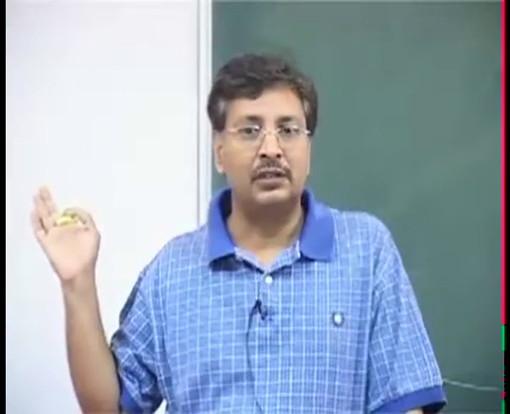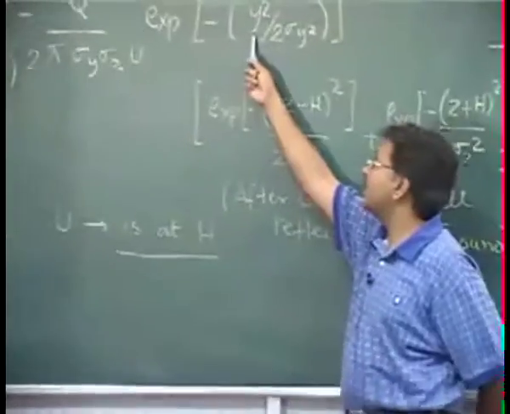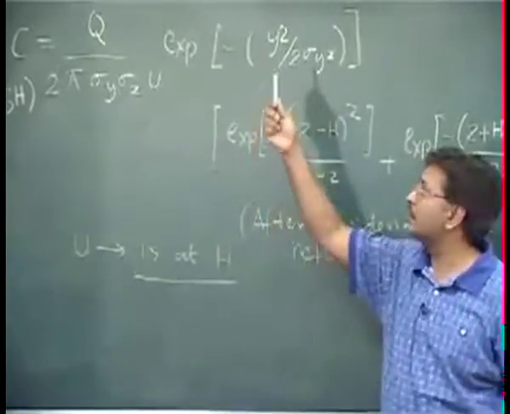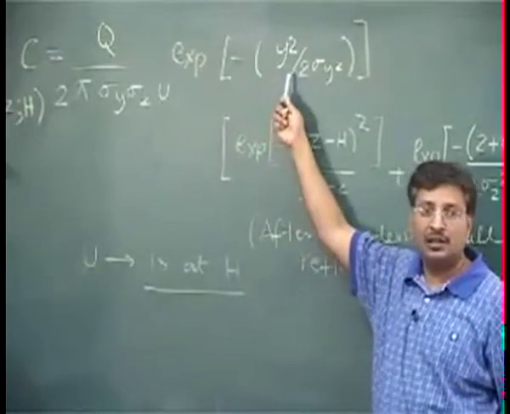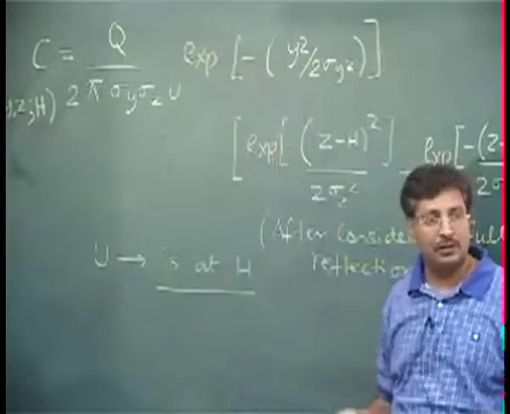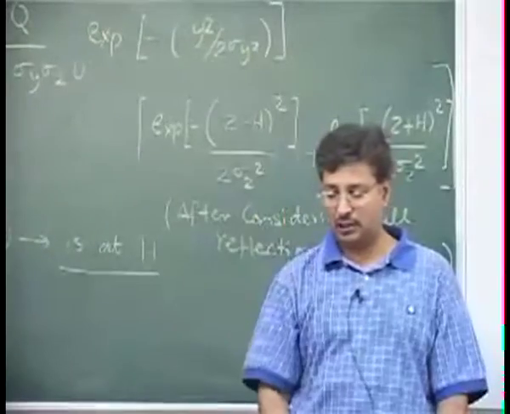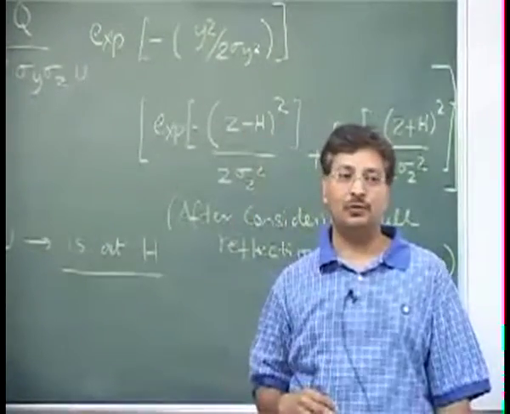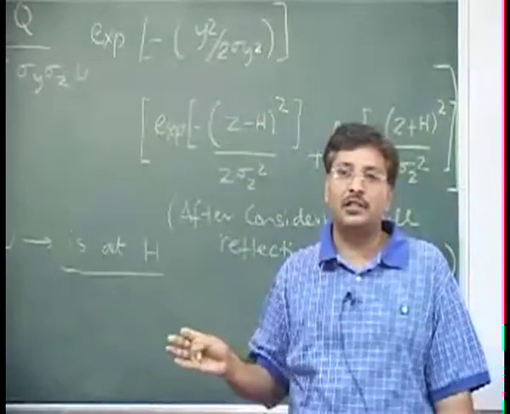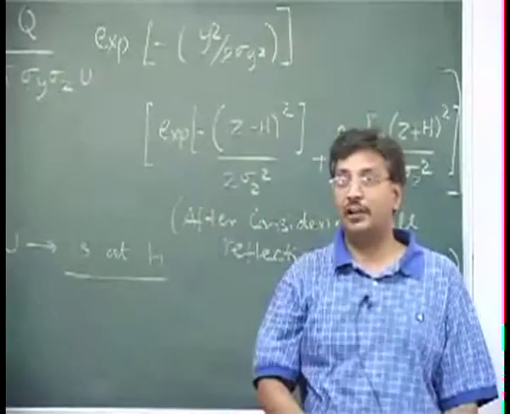As I increase y, doesn't matter plus or minus, what will happen? My concentration will decrease. Maximum concentration will come when y equals 0. That means you are just standing right underneath the plume. So the plume is just passing over you, and you think it might affect the ground level.